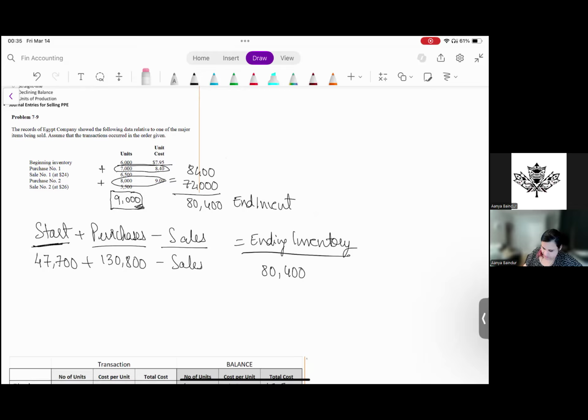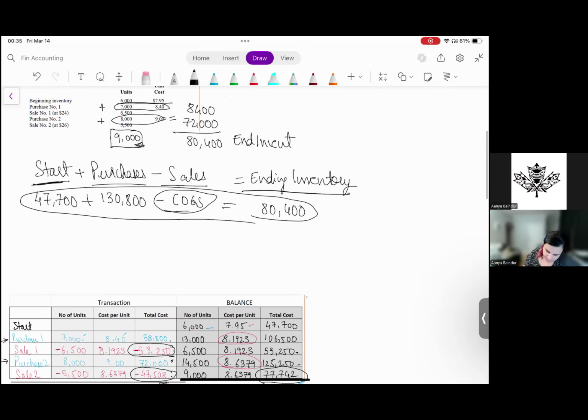The sales are basically the cost of goods sold, right? So we can just write cost of goods sold is equal to the ending inventory of this much. What you have here is a very simple equation with only one missing variable. So let's go ahead and find what that is. Cost of goods sold is equal to 47,700 plus 130,800 minus 80,400.